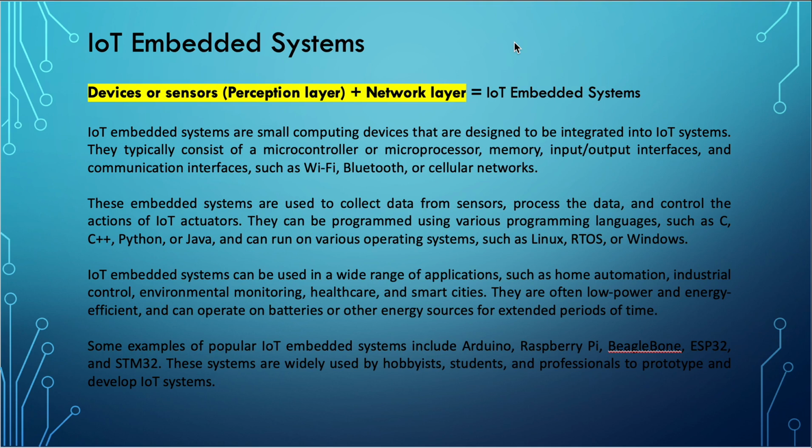IoT embedded systems can be used in a wide range of applications such as home automation, industrial control, environmental monitoring, healthcare, and smart cities. So basically, whenever an IoT device is produced, there is processing power in the IoT device itself. We went through many examples.